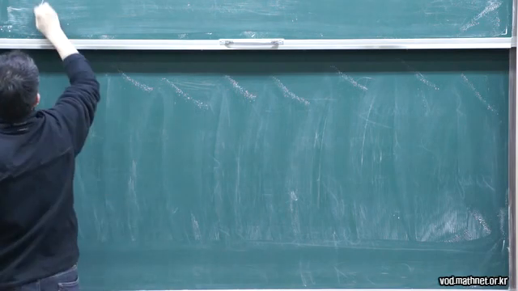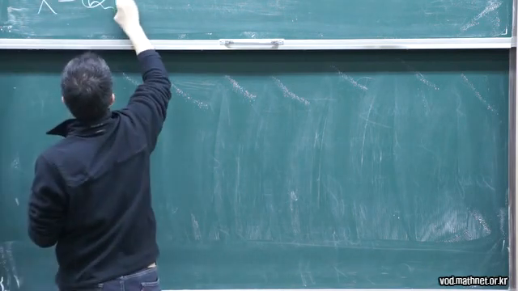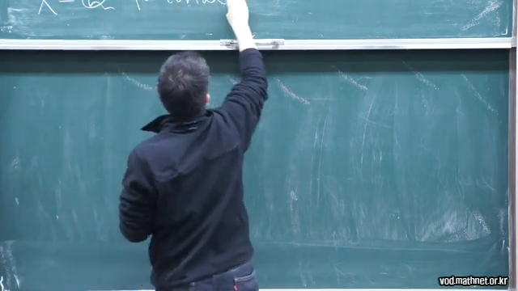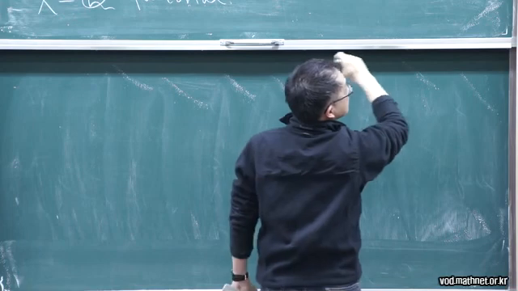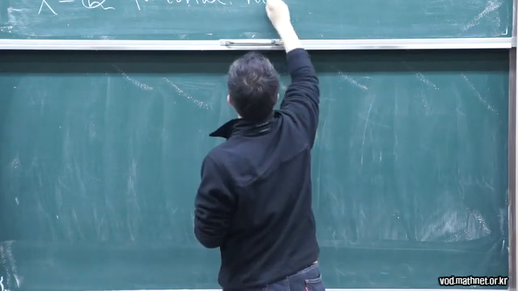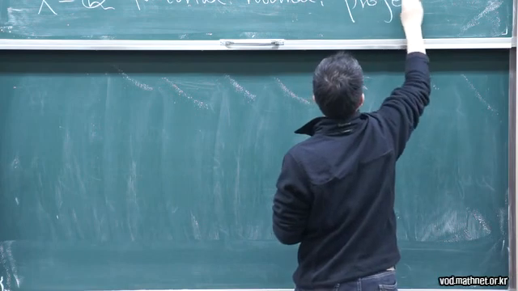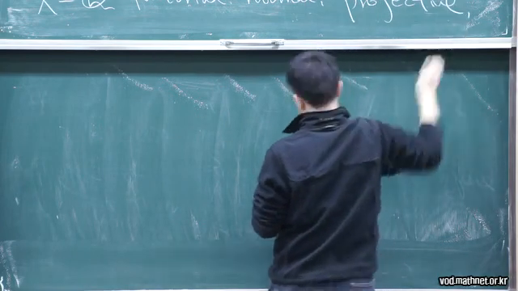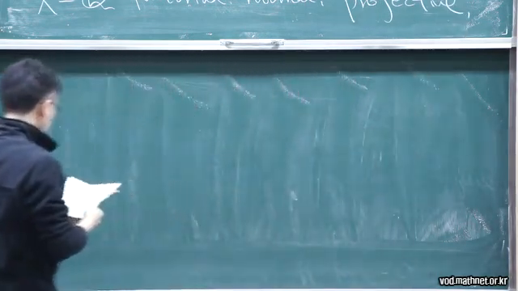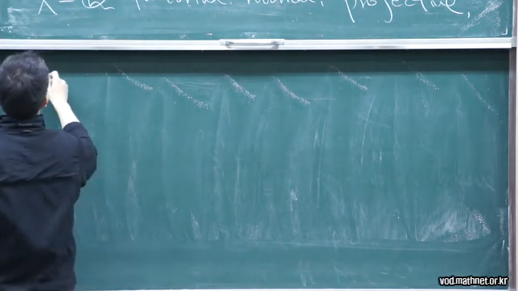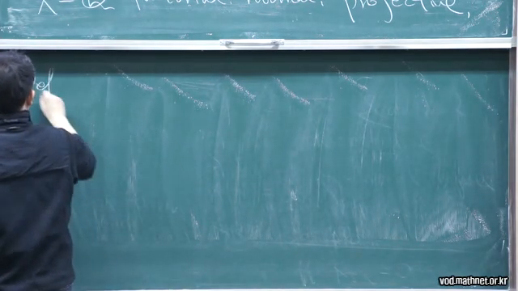So from now on, X will be Q-factorial, normal and projective. Okay, and definition.